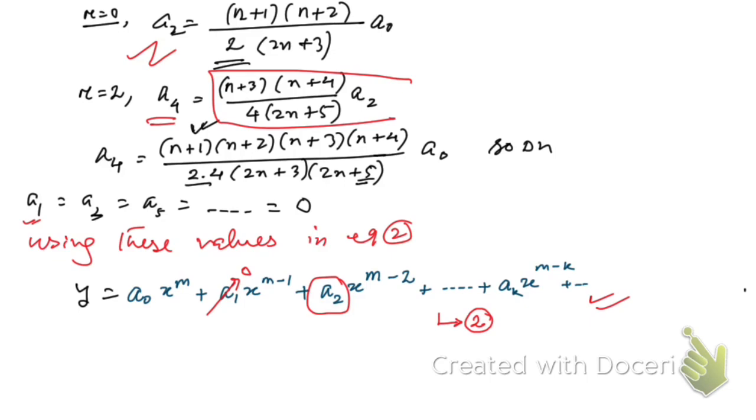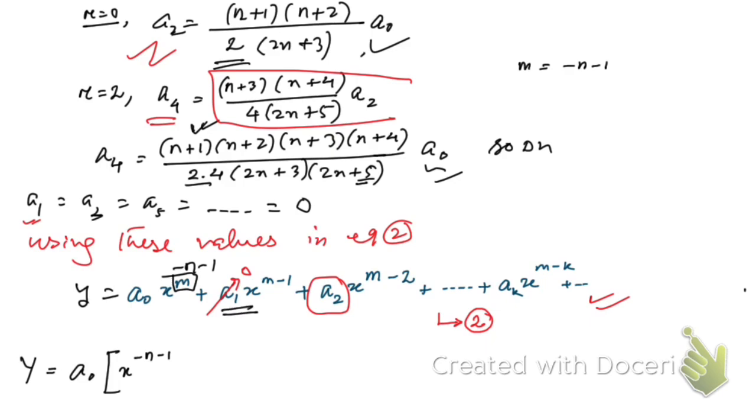Using these values in equation number 2, this result will be of this form: y is equal to a0, with a0 taken common from all the terms. Then here m is equal to minus n minus 1, so we're going to replace m by minus n minus 1, and that's why we're going to have x to the power minus n minus 1.